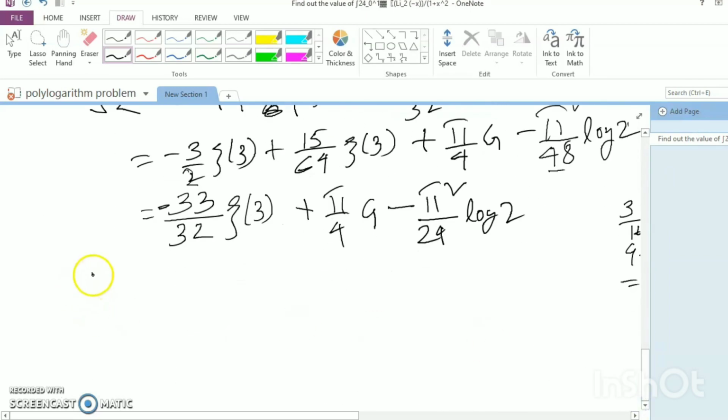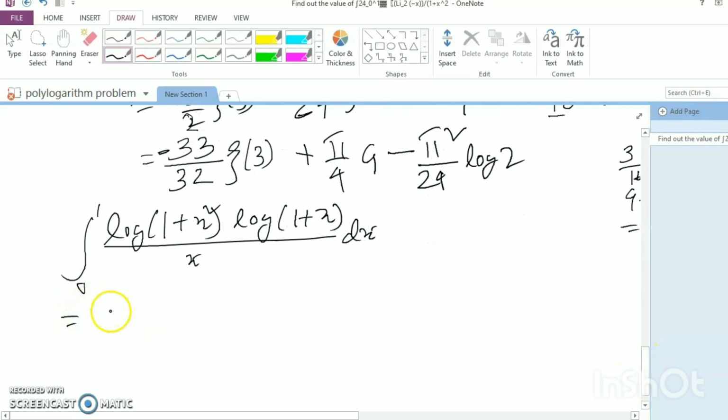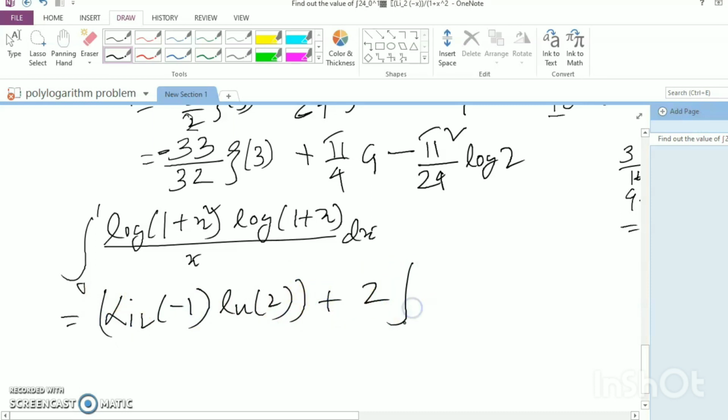So 0 to 1 of log 1 plus x square into log, Li2 minus ln 2, plus 2 into the integral from 0 to 1 of x into Li2 minus x divided by 1 plus x square dx.